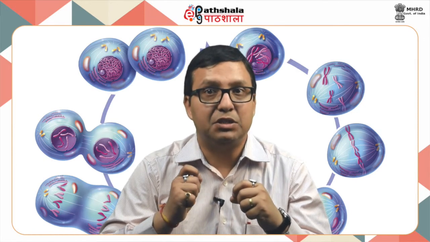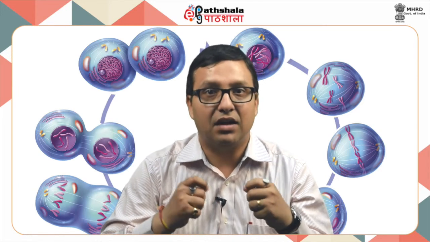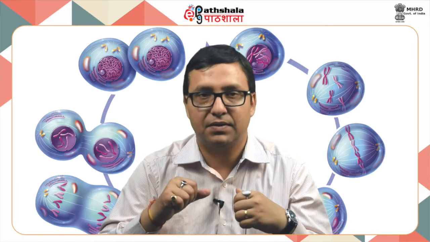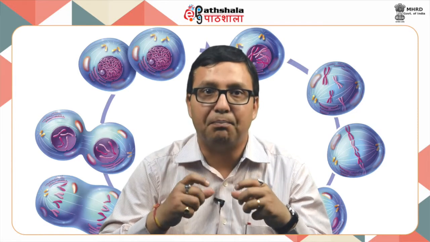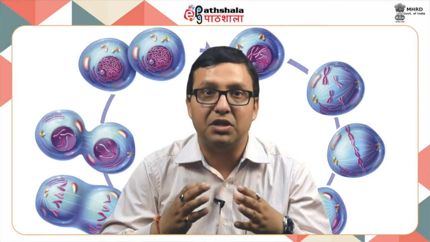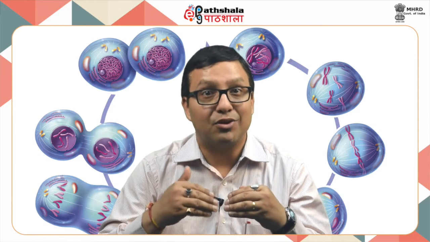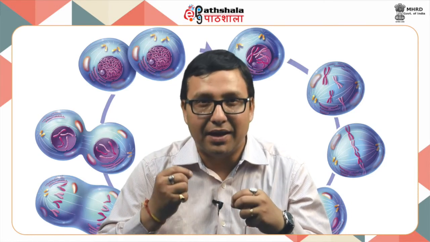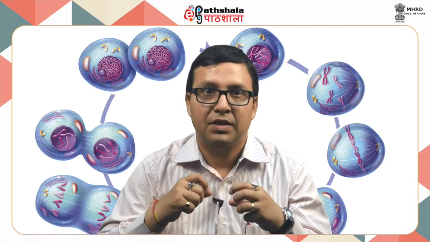One member of each pair is derived from the maternal parent and the other from the paternal parent. Mitosis and meiosis are mechanisms by which cells distribute the genetic information contained in their chromosomes to progeny cells in a precise and orderly fashion.